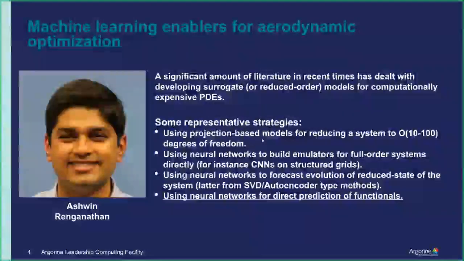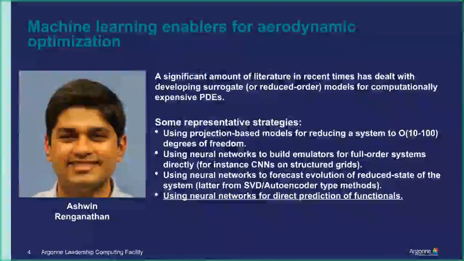For example, you could have a projection-based surrogate model, where you still solve a system of equations, but you change the basis in such a way that it's now much cheaper. You can also use, for example, a neural network to directly predict how a particular configuration performs.